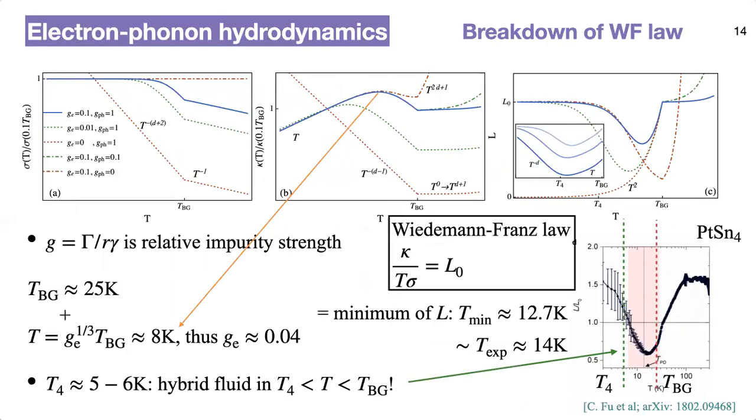If you look at these plots, they aren't that different from what textbooks say you should expect. And I think part of the issue is that just looking at these global transport coefficients, like global bulk thermal conductivity or bulk electrical conductivity, is not the best experiment to look for evidence of hydrodynamics because it's very sensitive to impurities.